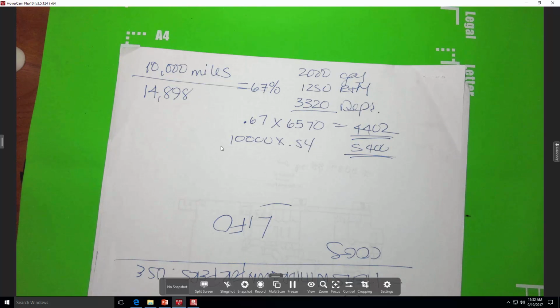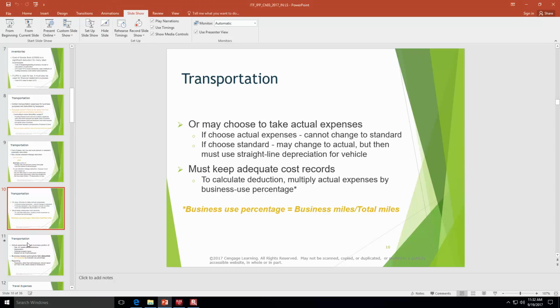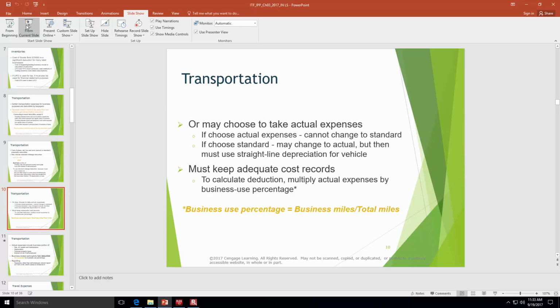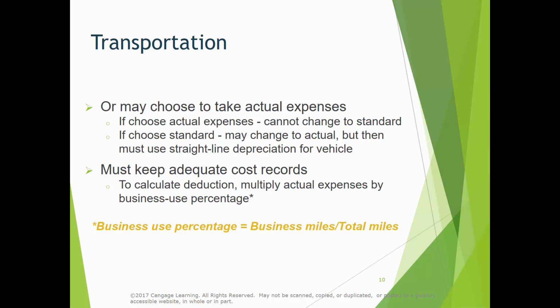Okay, everyone catch up? Okay, so that's what this last phrase here means then. Business use percentage is what you have to apply to it.